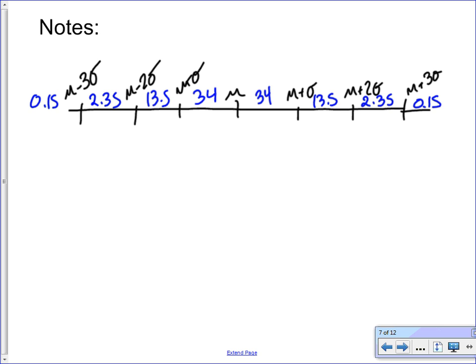And I'll now be able to answer any question involving the normal distribution. You can draw the curve above this if you want to. If you don't want to take up the space, we don't even really need the picture of the curve anymore. What we're really concerned about are these intervals.